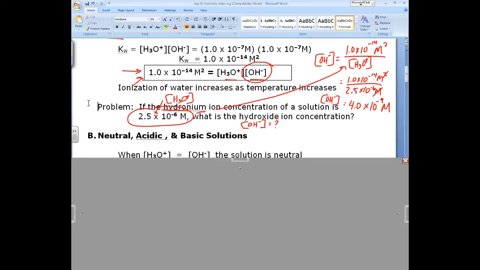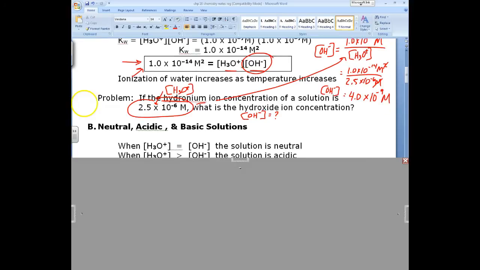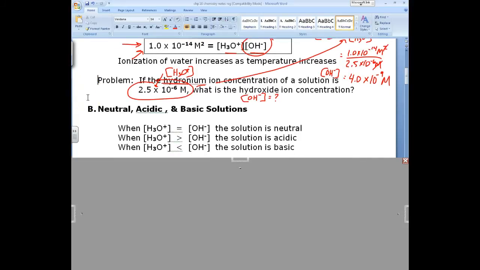If our hydronium ion concentration is bigger than my hydroxide ion concentration, I have more acid stuff than base stuff, then it is acidic. And if my hydroxide ion concentration is greater than my hydronium ion concentration, my base stuff is greater than my acid stuff, the solution then is basic.